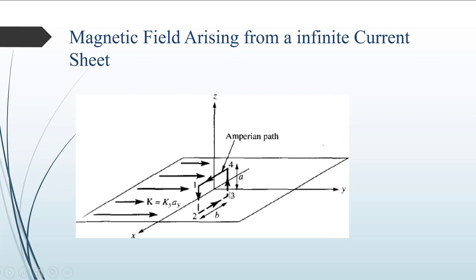From 2 to 3, it is going towards the minus ax direction. From 3 to 4, it is going towards the plus az direction, and from 4 to 1 it is coming back to point 1 through the plus ax direction. So plus ax, minus ax, plus az and minus az are the directions along the path.